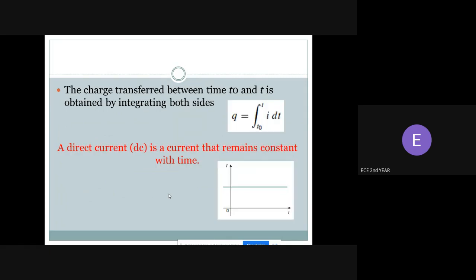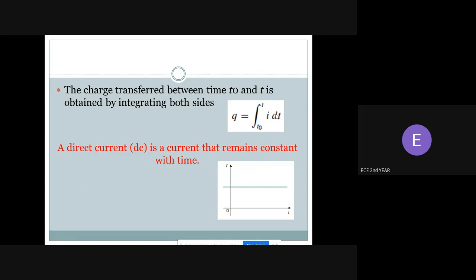Next, the charge transferred between time t0 and t is obtained by integrating both sides: q = integral from t0 to t of i dt. Note that the current need not be a constant-valued function.